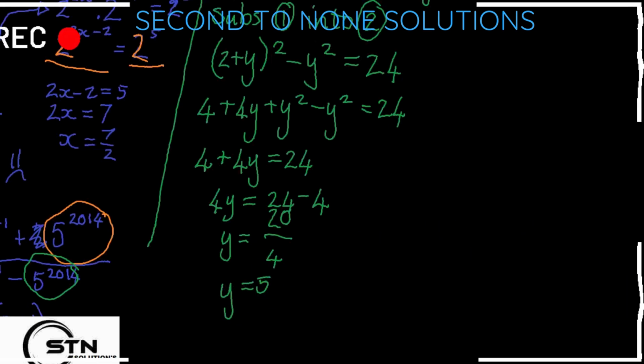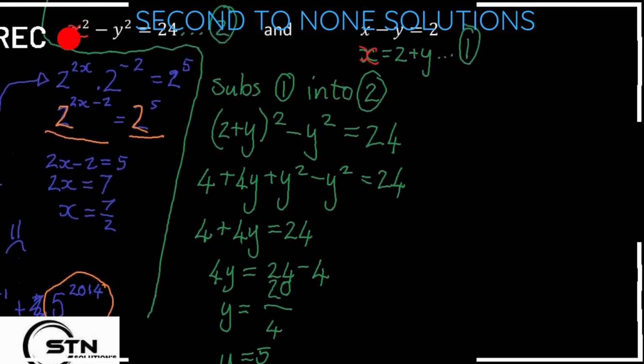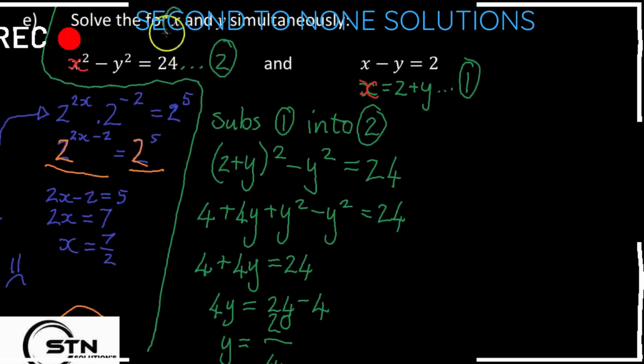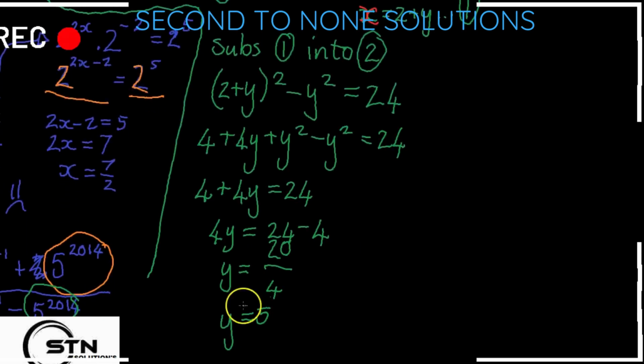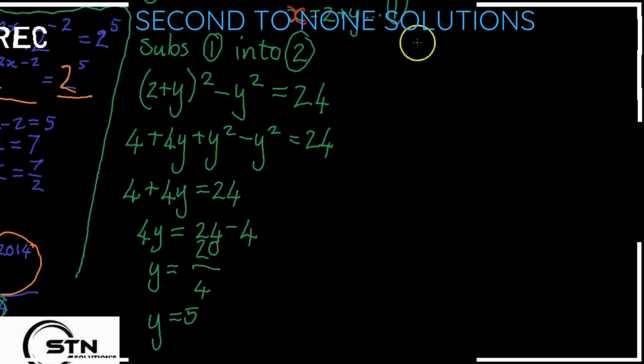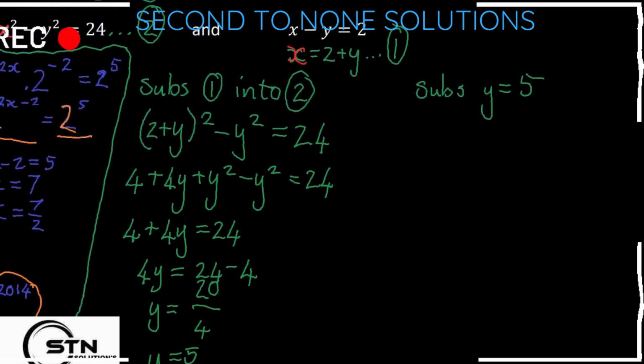Now be careful here, this is where many people will stop. And the problem is we need to solve for both x and y. So we do need to go back, use the y that we have, and figure out what x is. And this is where it gets really easy. We have the value of y. We can substitute it in. Remember, you're telling the marker what you're doing. We can substitute it into whatever equation we like.